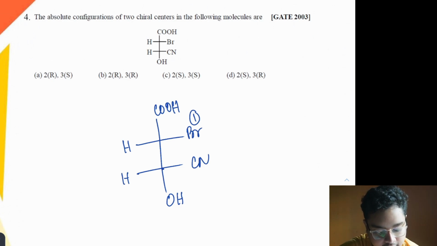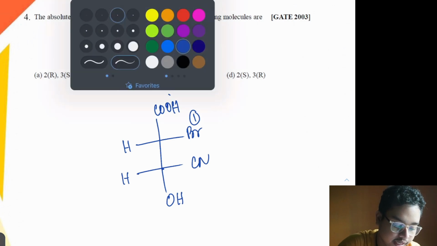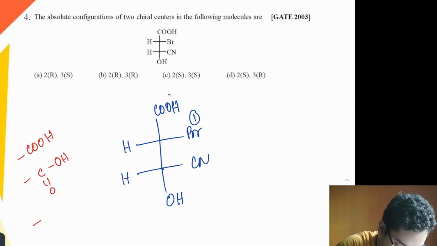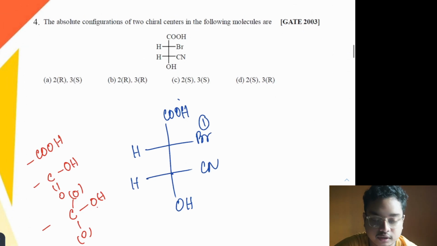Now between this carbon and this carbon, COOH will get the highest priority because here the oxygen is there, but here two oxygens are there. Actually, it is three oxygens. If we break the COOH group, then it will be three oxygens here, but here only one oxygen is there.